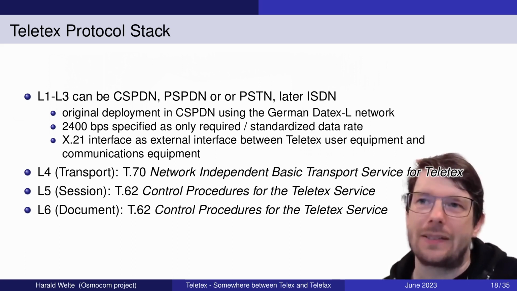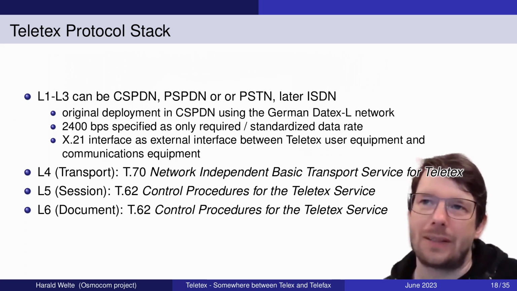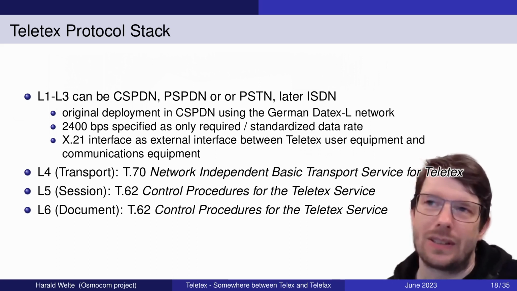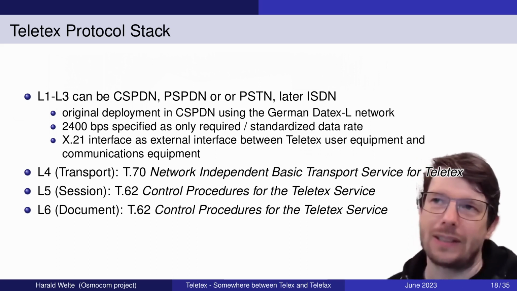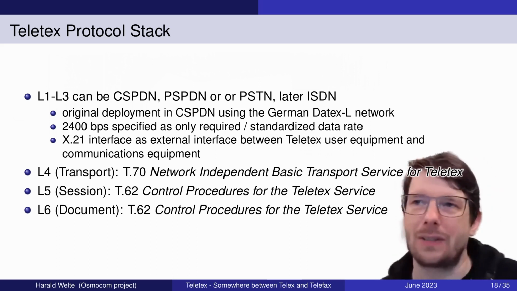And in other countries, I think particularly in the US, they used a packet switched network as the bearer because they didn't even bother to deploy a circuit switched data network. And it's also possible to use synchronous 2400 bps modems. I don't think I read that this was used anywhere, at least the specs would permit it.